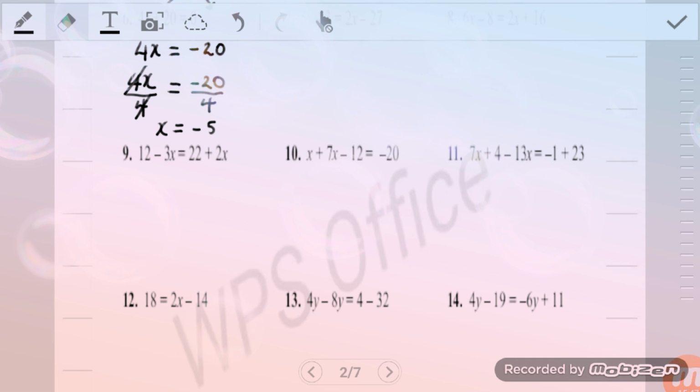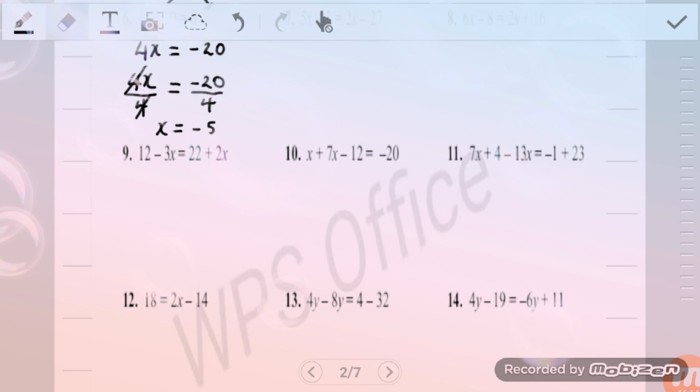Now, in this example here, a lot of you guys may think that this here would have been the larger number, because if you're not paying close attention, then you will almost think that this is 3. All right, and so you'd feel the need to actually transpose the 2x to the left side. Now, if you do that, you're going to find that you're going to have a negative coefficient.